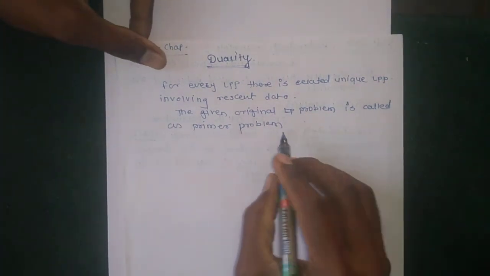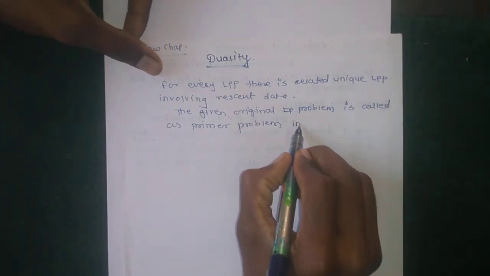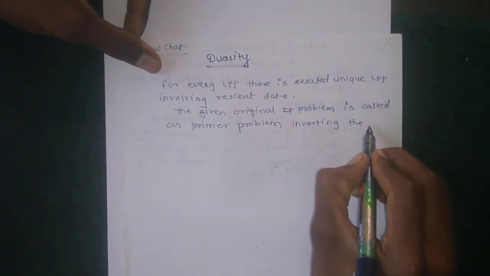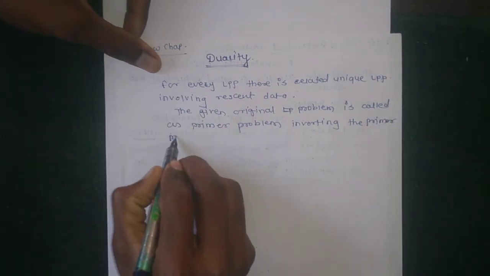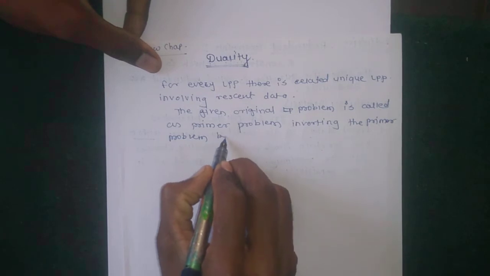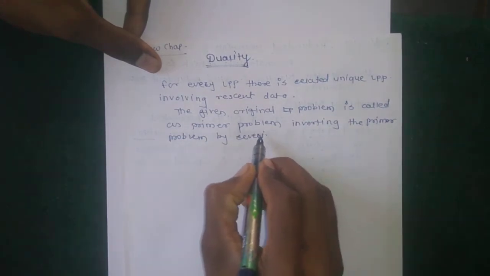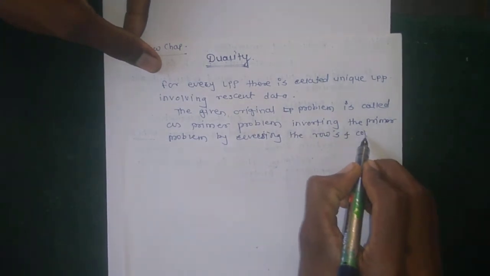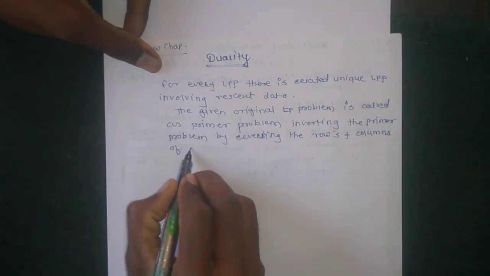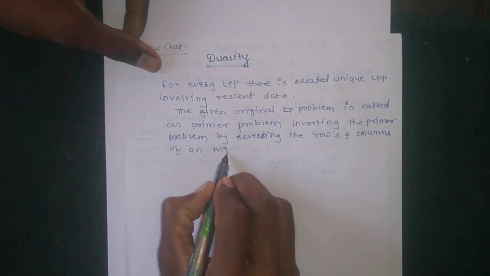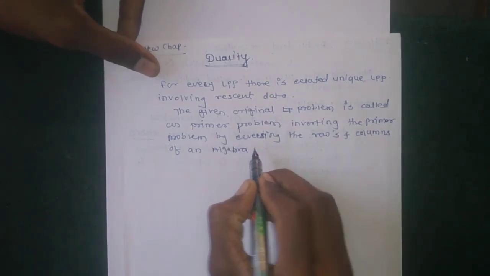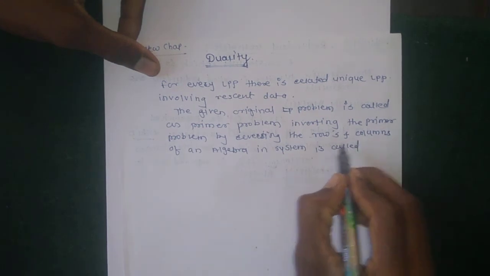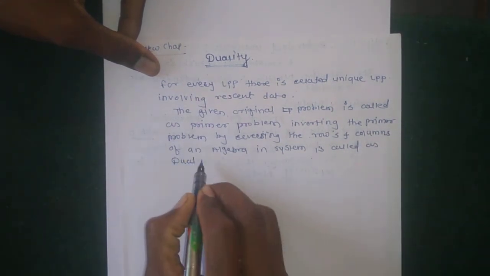In this way we invert the primal problem by reversing the rows and columns of the algebraic system, and it is called the dual problem.